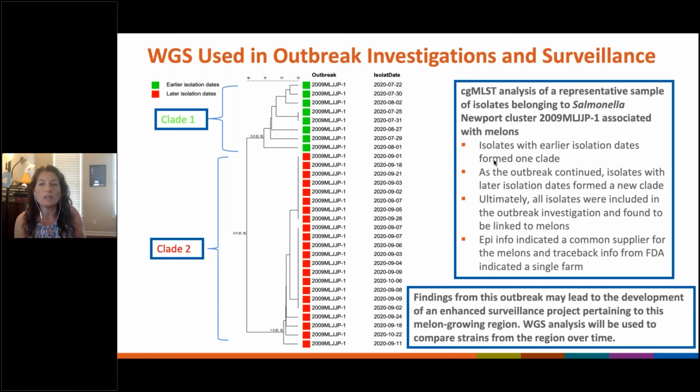Ultimately, because of the epidemiology, it was investigated all together, and epi information indicated a common supplier for the melons, and traceback information from FDA indicated one single farm. But what this spurs is some interest in looking at enhanced surveillance for this particular melon growing region. So the WGS analysis will be used to compare strains from the region over time and how those might change.